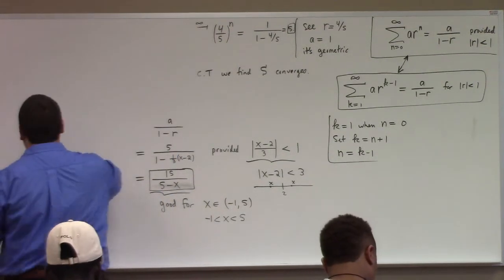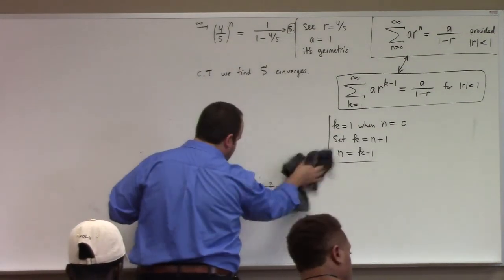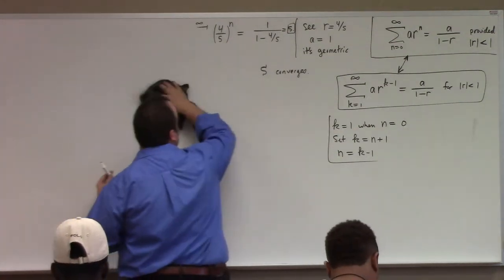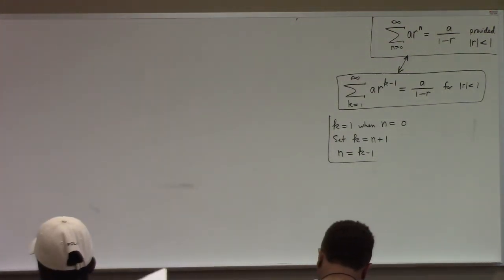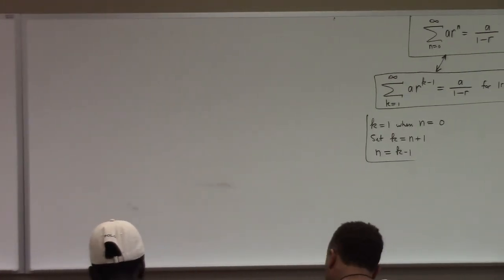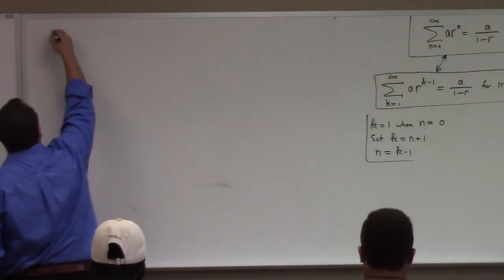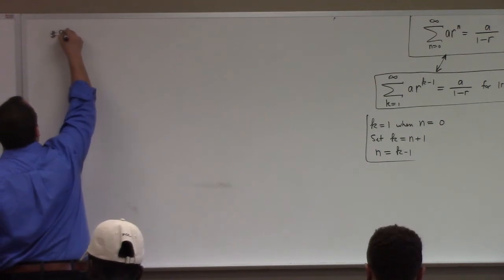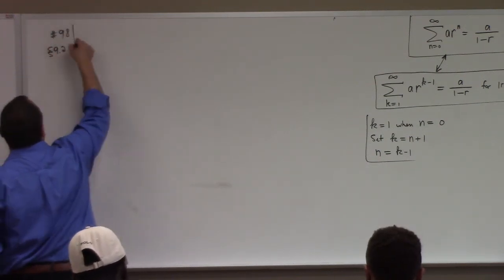I think I know how to do this one in a way that you will understand and it won't be that technical. This was number 97 from section 9.2. So here's the deal.